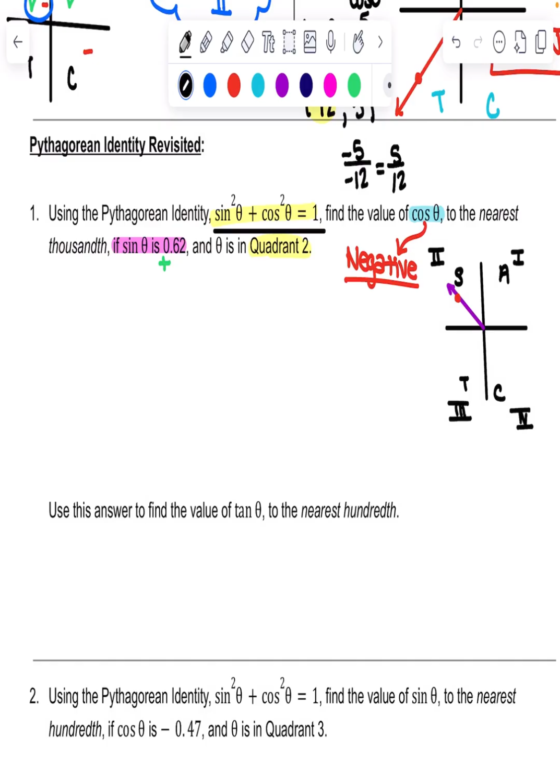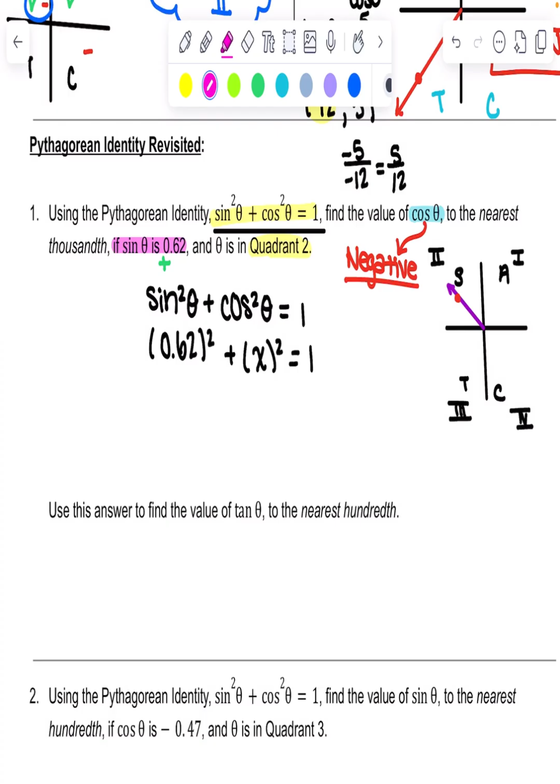So if we do sine squared plus cosine squared equals 1, I'm going to do 0.62 squared plus, you could leave it as cosine squared or make it x squared. I like to do x squared just because it's easier to write, but it's really up to you.